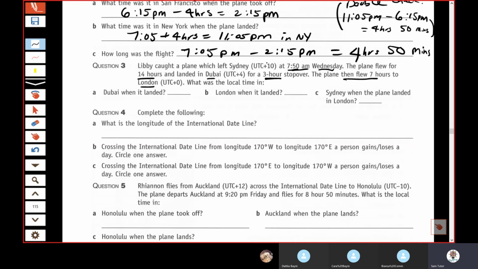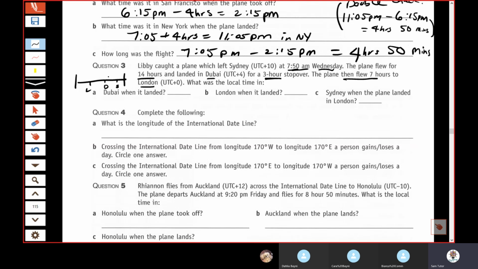But you've got to also understand that Dubai is 6 hours. Well, again, have a look at over here. London. Let's talk like this. London, and then Dubai would be here, and Sydney is here.